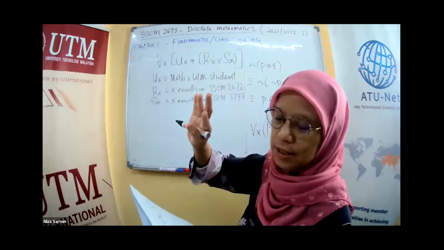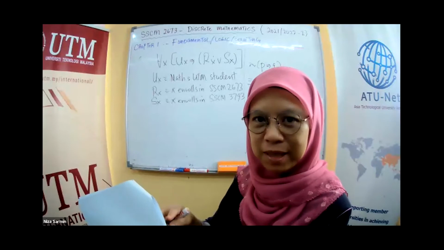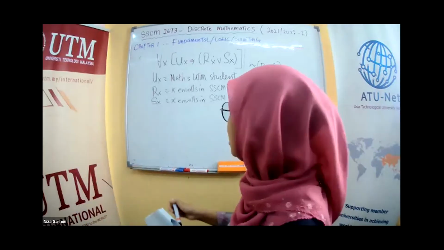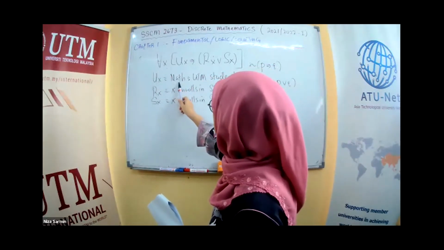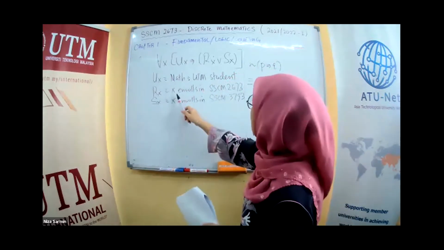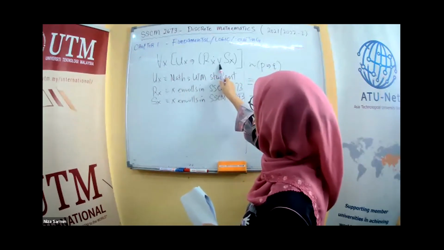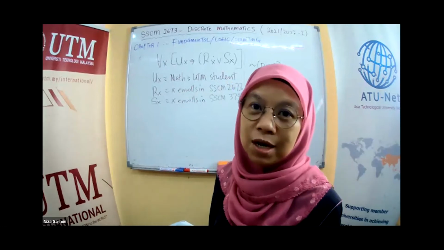When you first translate directly from mathematics by replacing the sentence, you will say, for all x, if x is a mathematics UTM student, then x enrolls in SSM 2673 or x enrolls in SSM 3793.